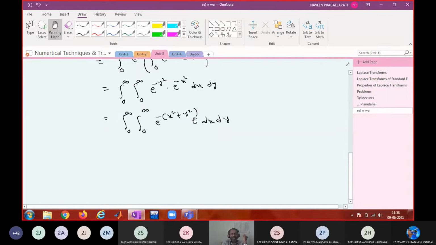What is this? Did you identify this? What is this kind of integral called? This is called a double integral. dx dy you are seeing, no?